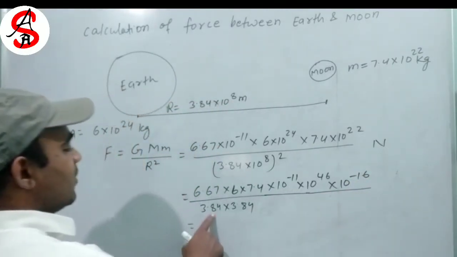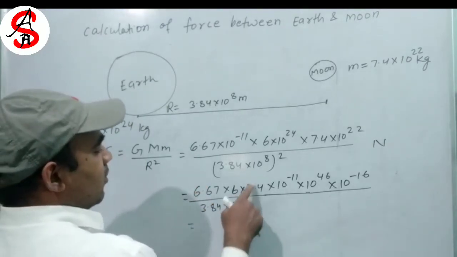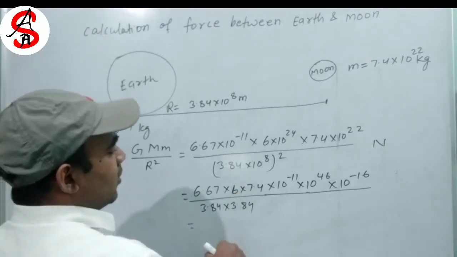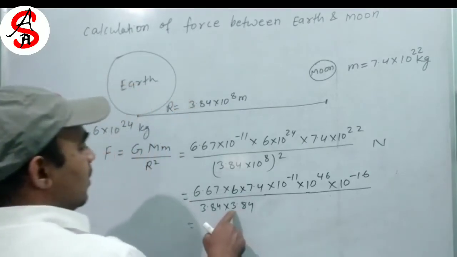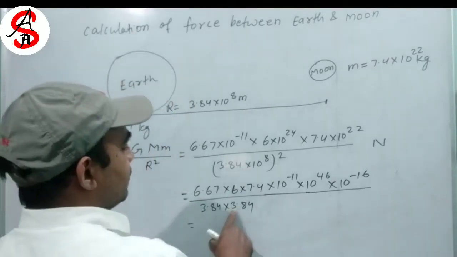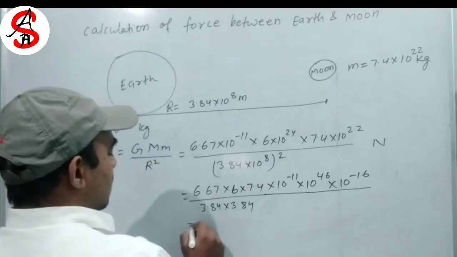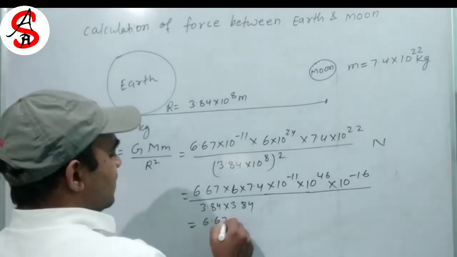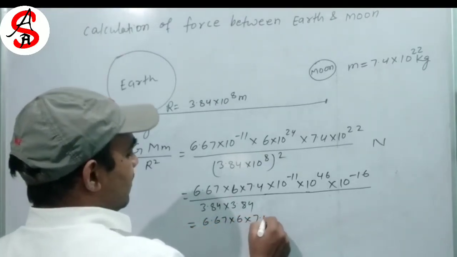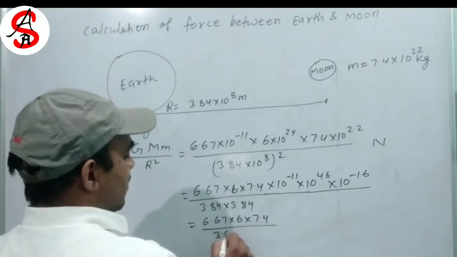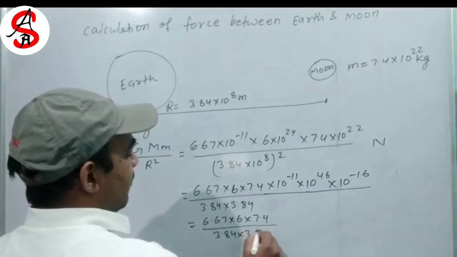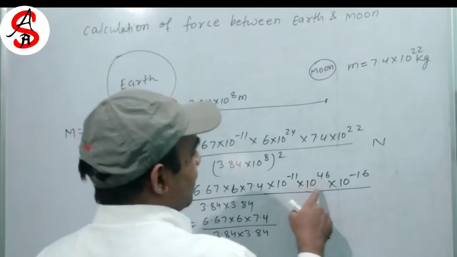If you calculate, this will cut 2 times, this also cuts 2 times, 6 twos are 12, or approx 6.67 into 6 into 7 upon 3.84 into 3.84. Now calculate the power.